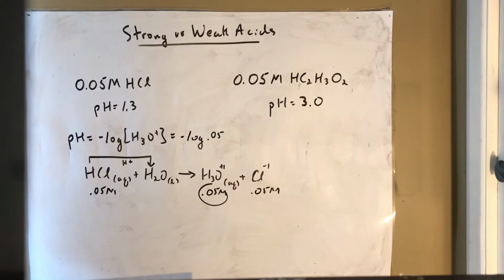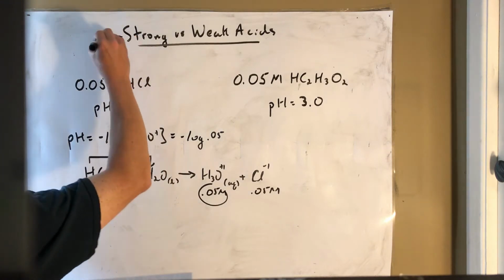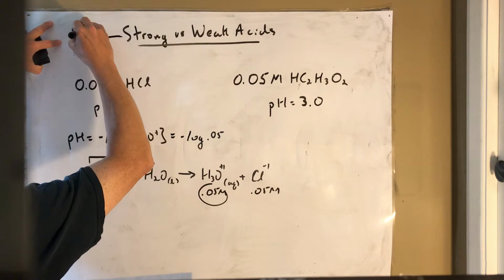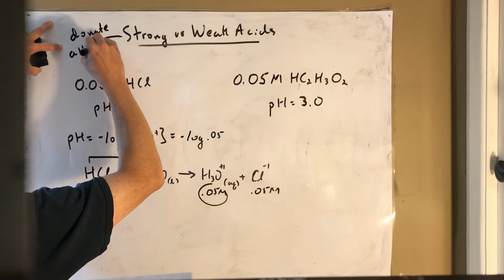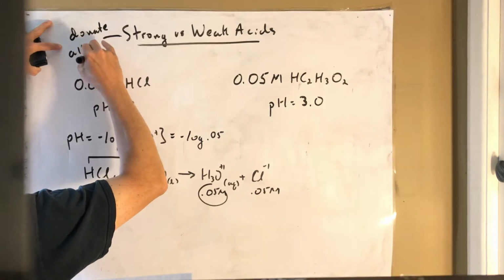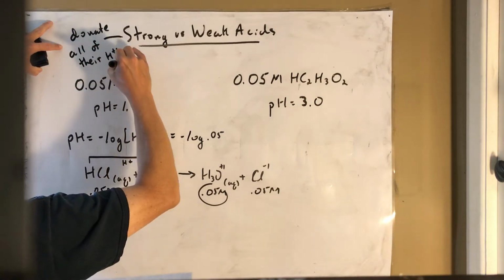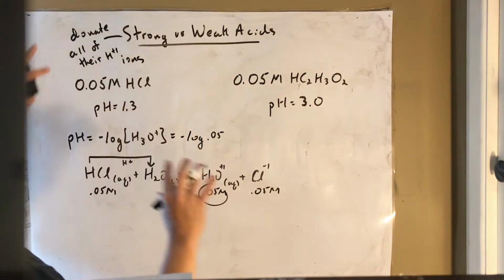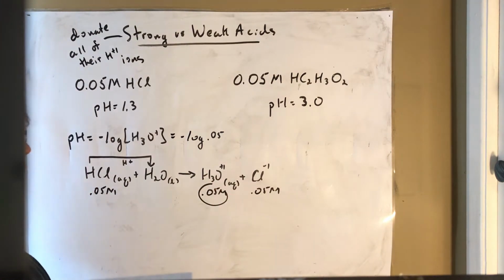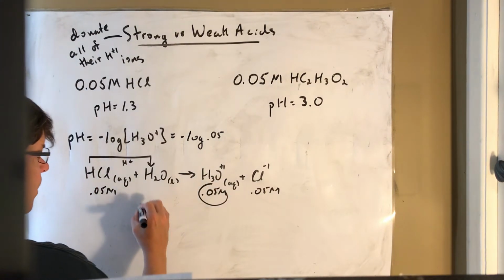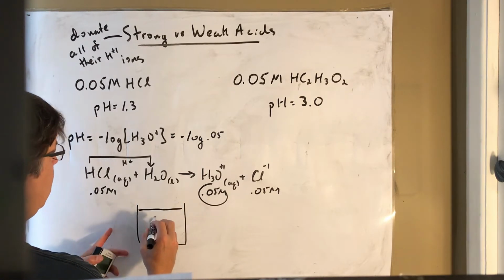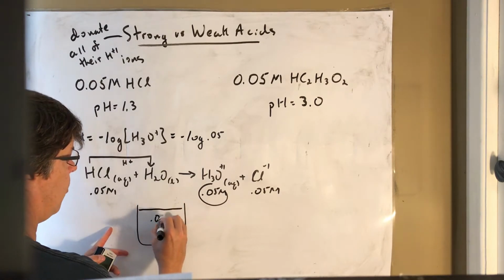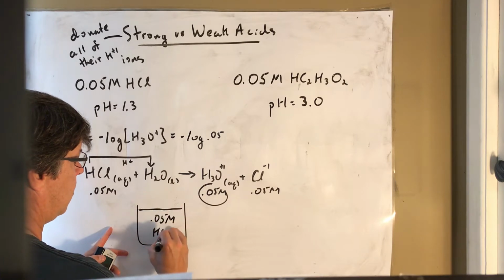So strong acids donate all of their hydrogen ions. They dissociate completely. So if you have a beaker labeled 0.05 molar HCl, guess what?